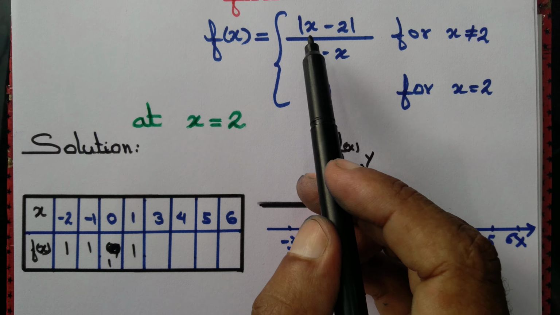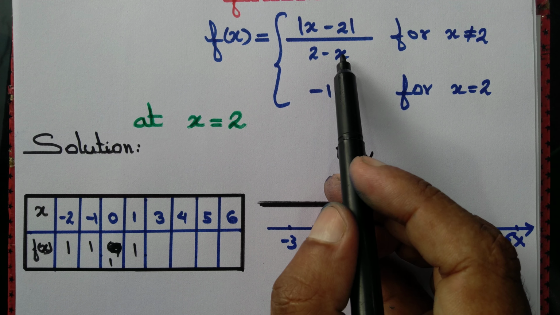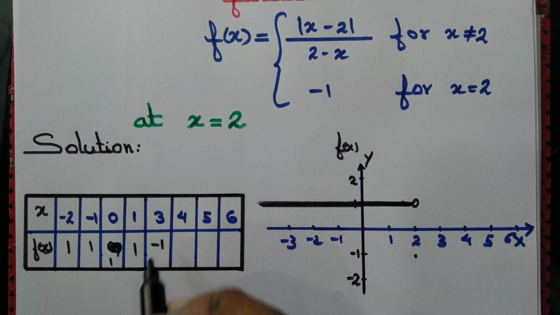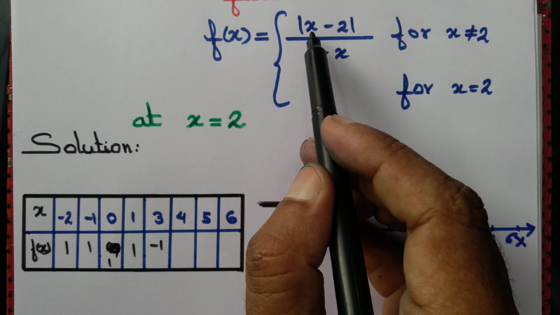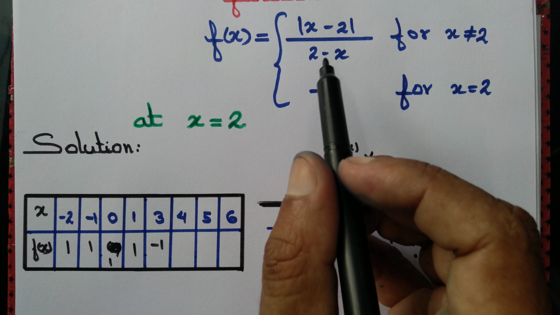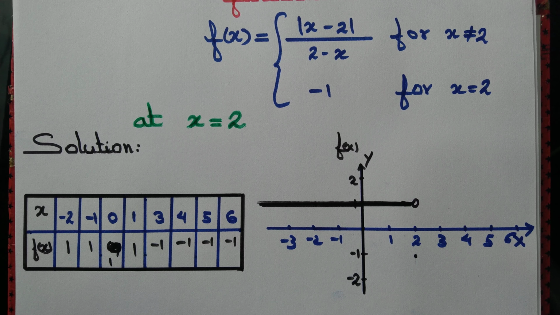If x equal to 3, 3 minus 2 is 1, mod of 1 is 1, 2 minus 3 is −1, and 1 by −1 is −1. For x equal to 4, 4 minus 2 is 2 and 2 minus 4 is −2, 2 by −2 is again −1, and so on.